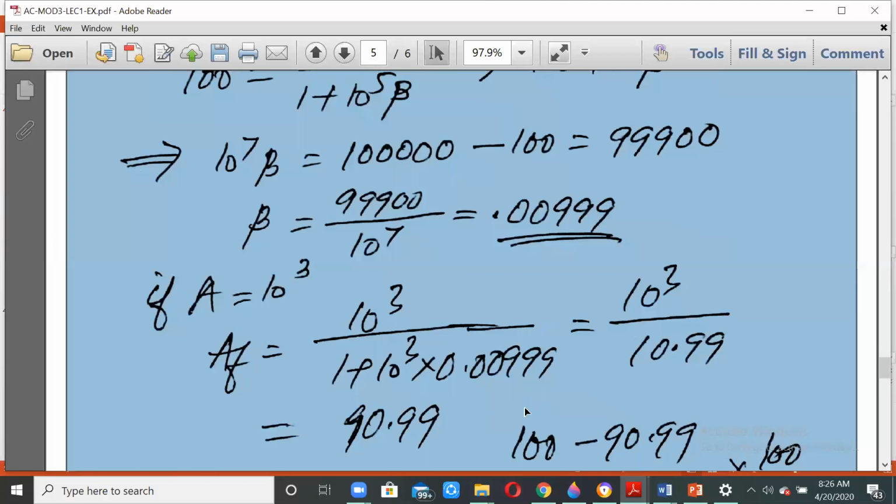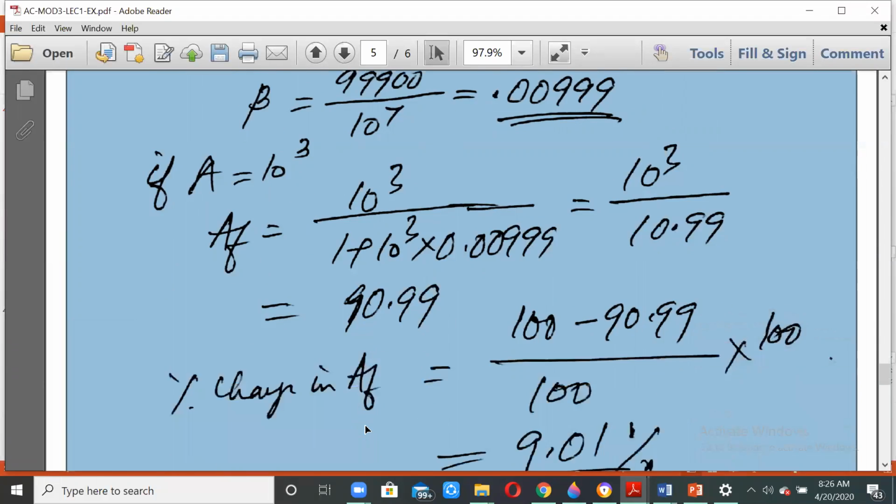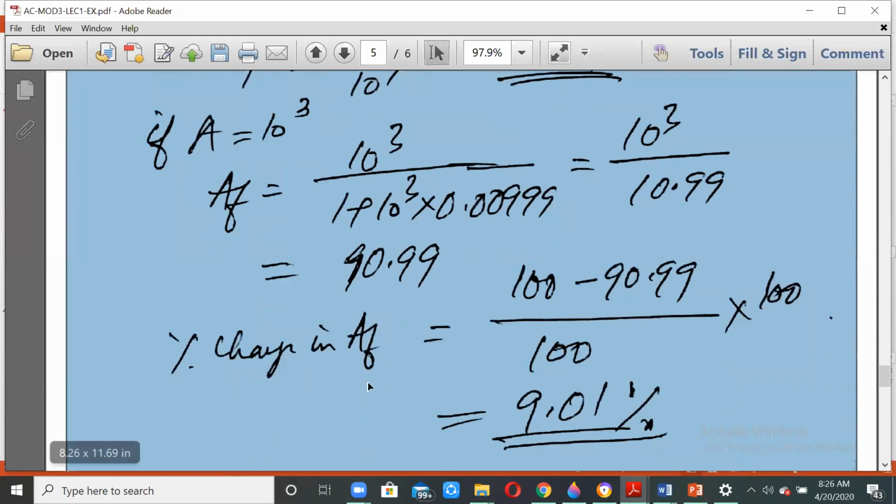And if A is 10 to the power 3, then naturally AF will be 10 to the power 3 divided by 1 plus 10 to the power 3 into 0.0099, and that will give 10 cubed by 10.99, and that will be 90.99. The percentage change in AF will be 100 minus 90.99.